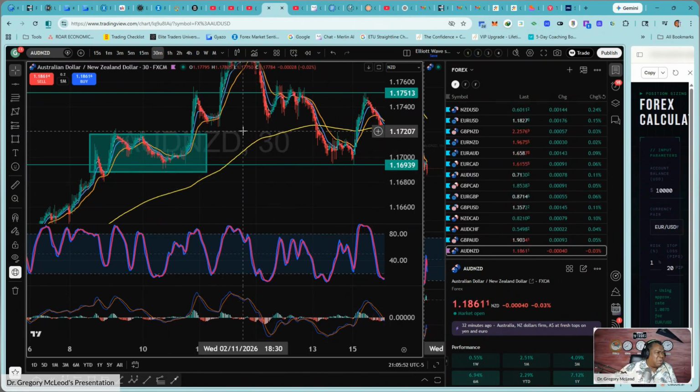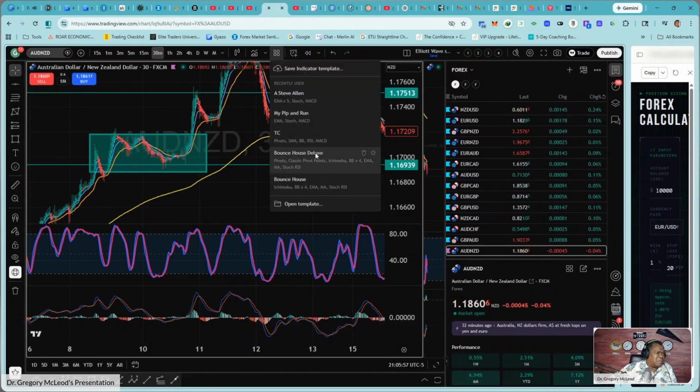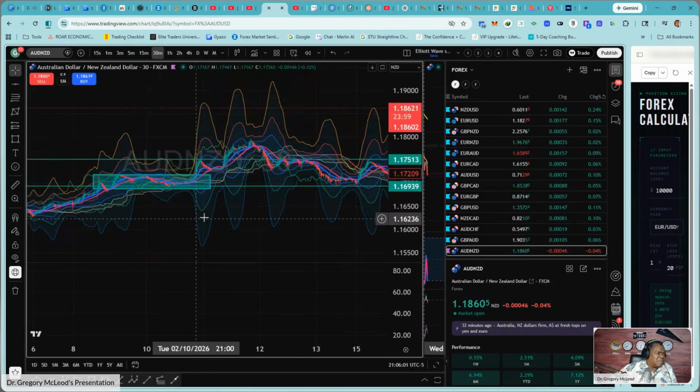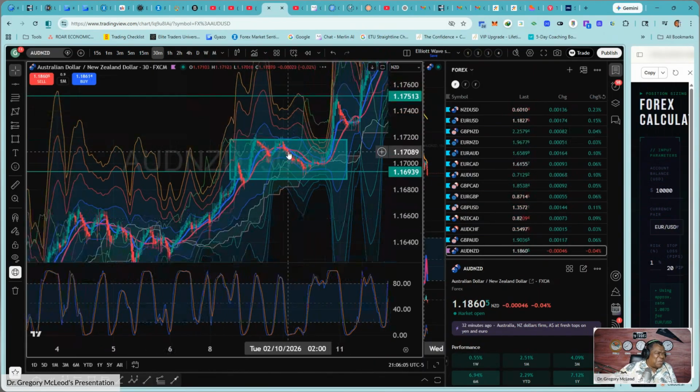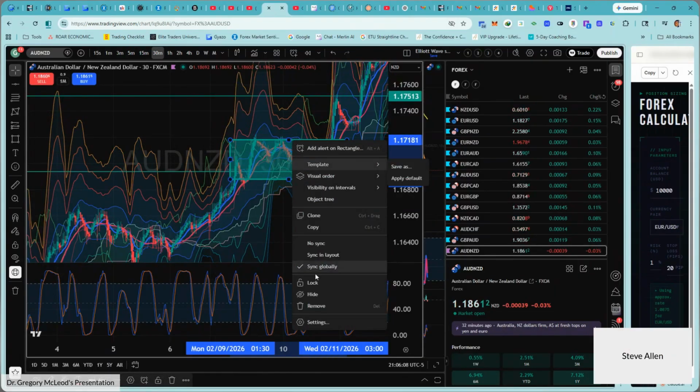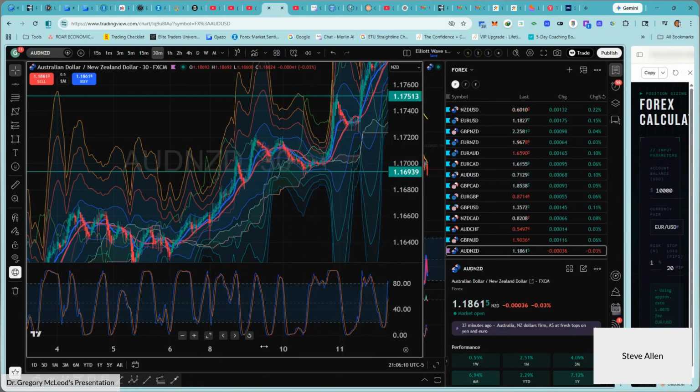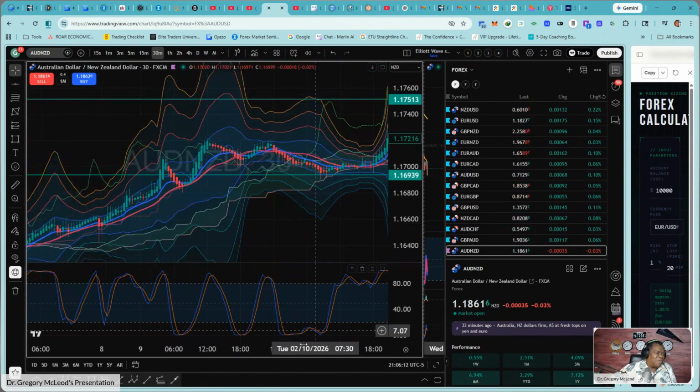Yeah, and what I would do is I have another template called the bounce house. This was the old Forex cash machine strategy. We had low volatility. I mean, everything was flat for like months.